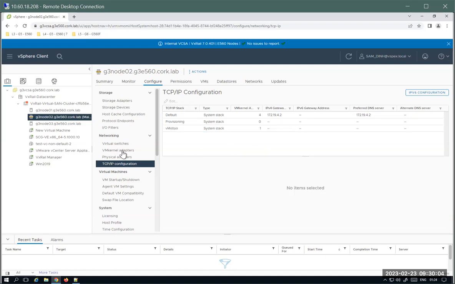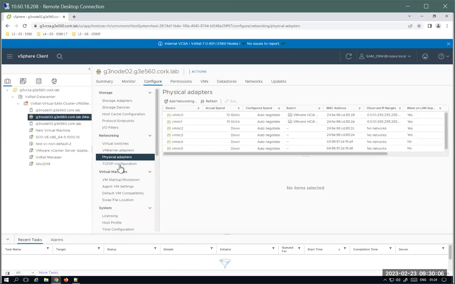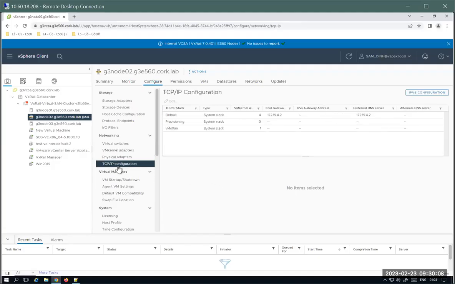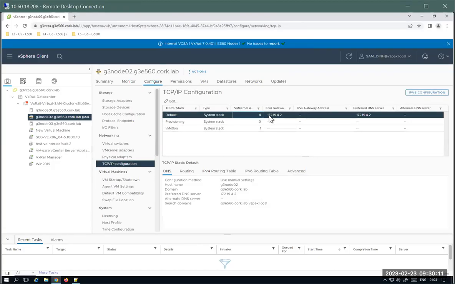So, when you come to the customer, you can check here what TCP/IP stack the customer's cluster uses. In the old days, the TCP/IP stack should be default only, and you can see here we have 4 VMK adapters connected: 1, 2, 3, 4.